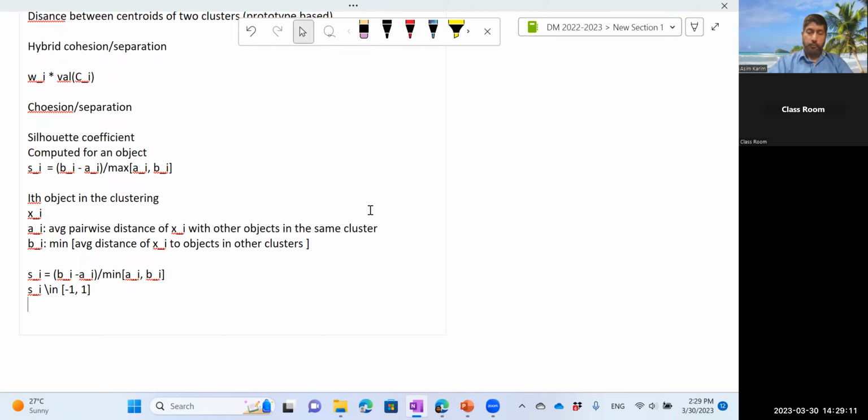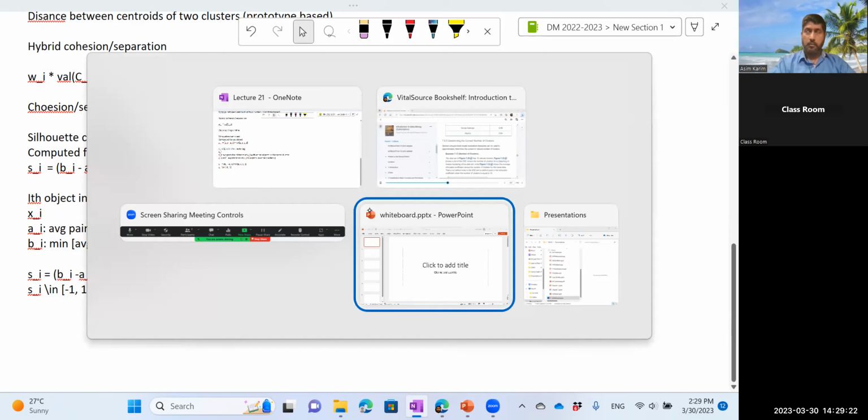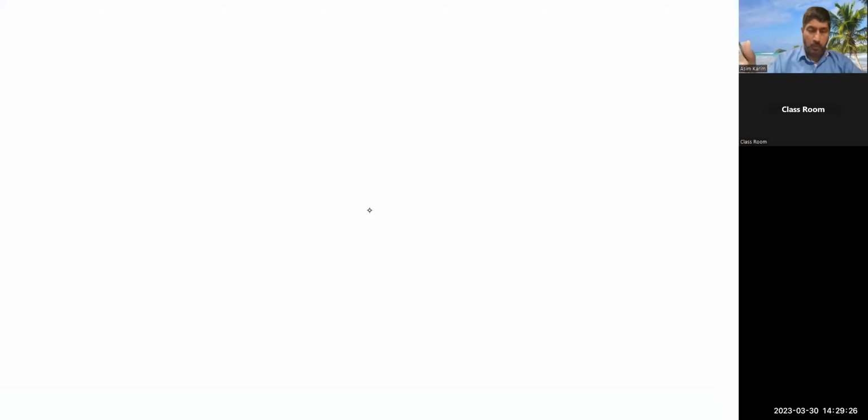ठीक है. So you can get a value for each point, और actually इसको use करके आप एक visualization बना सकते हैं, बड़ी nice visualization बन जाती है. तो let's say आपके पास 2D object है, तो you can actually plot each point and maybe the size or maybe the color of the point can show the value of s. ठीक है.